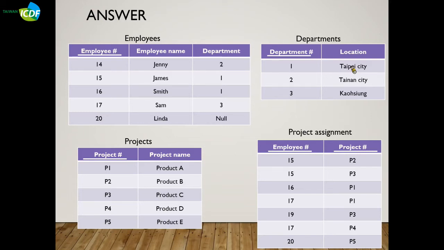So locations may be duplicates in the future, and it is hard to measure the duplication of location. So compared with location, department number is more suitable for being the primary key of departments.